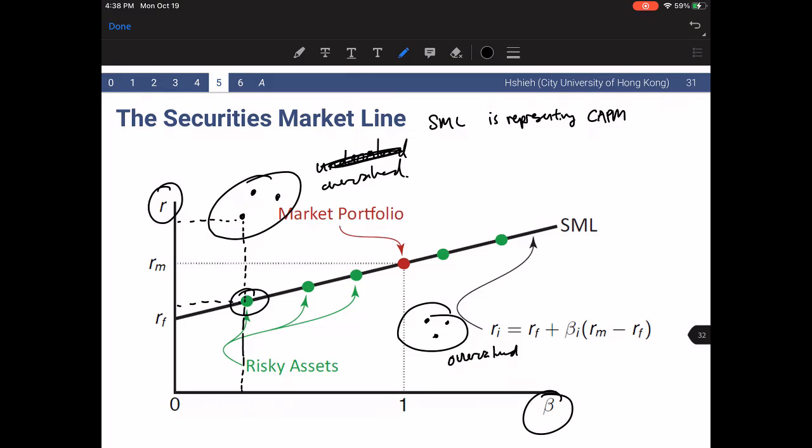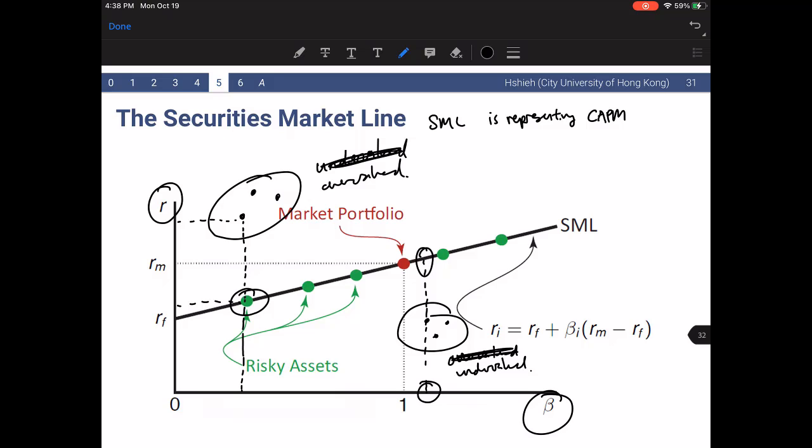On the other hand, if we have observed returns that fall below this line, that means that for this specific beta, the model says it should have this amount of return, but it's actually underperforming.